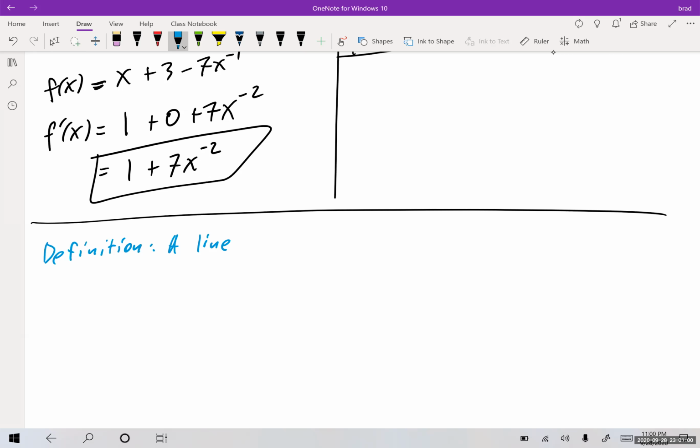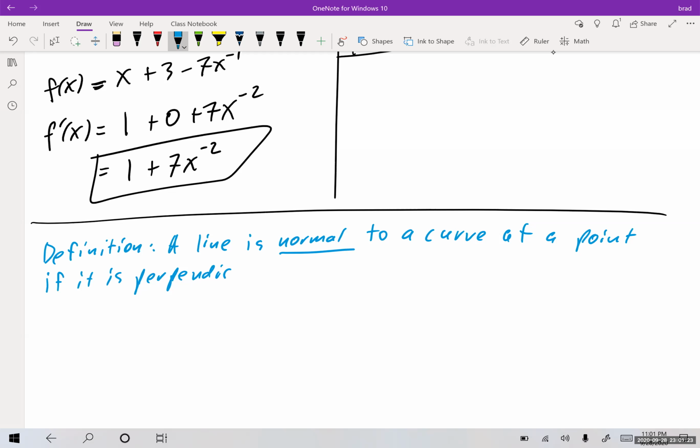A line is said to be normal to a curve at a point if it is perpendicular to the tangent line at that point.